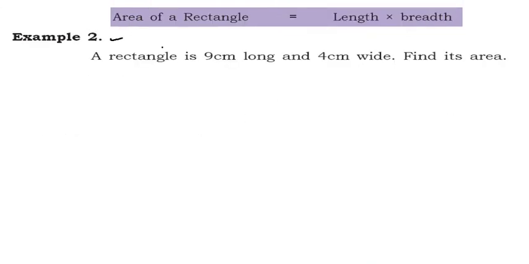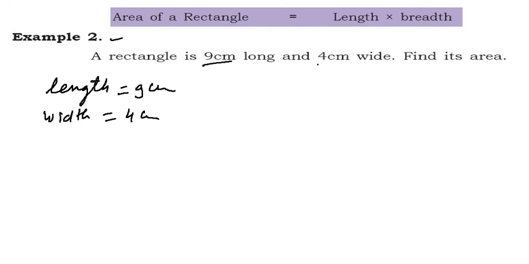Now come to example 2, the area of a rectangle. The length is given as 9 centimeter, and the breadth, or you can say width, is given as 4 centimeter. You can see it is 9 centimeter long and 4 centimeter wide. So you write area of rectangle is length into width, or length into breadth.